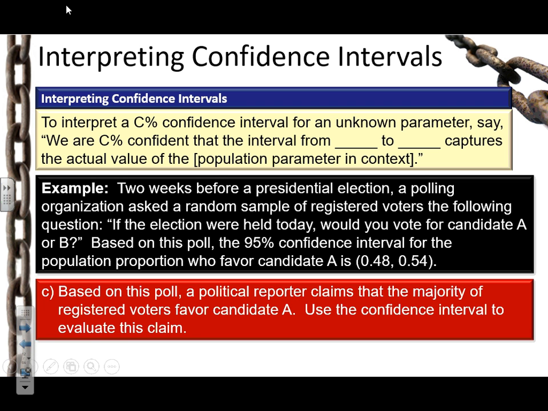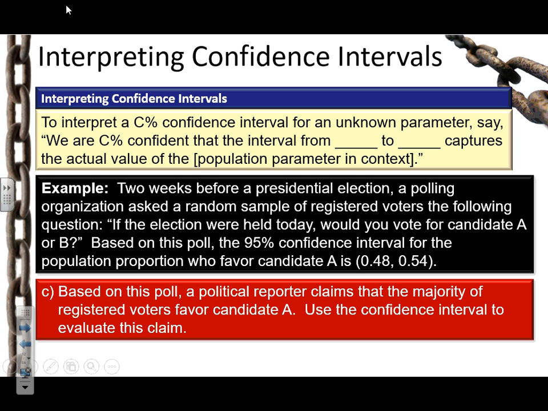So then based on this poll, a political reporter claims that the majority of registered voters favor candidate A. Use the confidence interval to evaluate this claim. So the reporter is claiming that the majority of voters favor candidate A. So think about what that means.